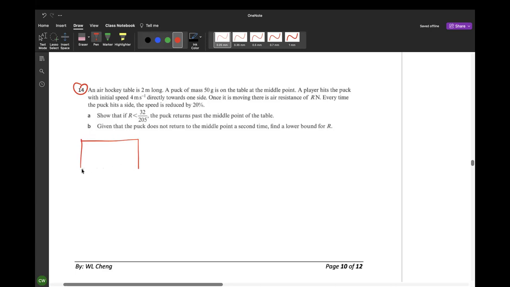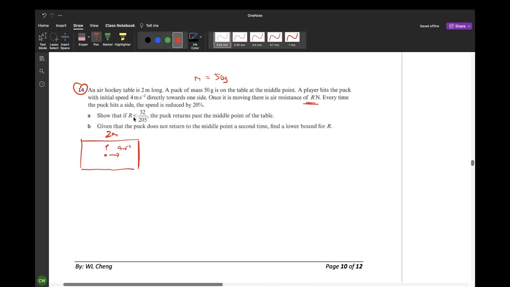Table 2 meters long. Mass is 50 grams. Placed at the middle point. Hit with initial speed of 4, directed to one side.